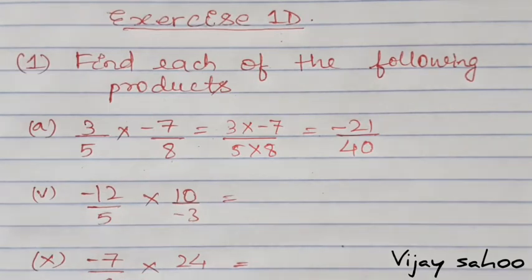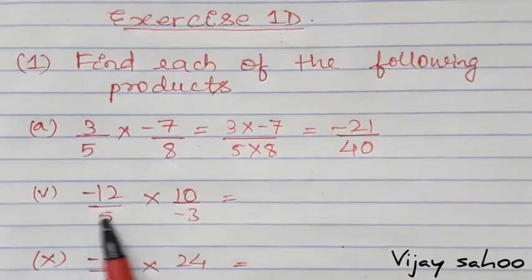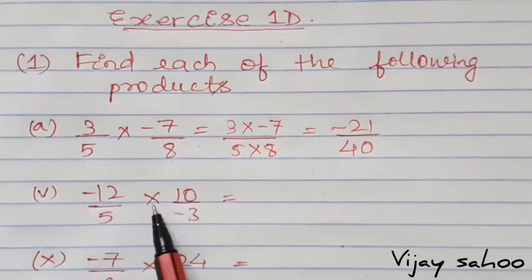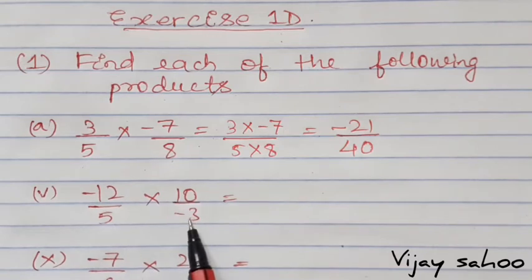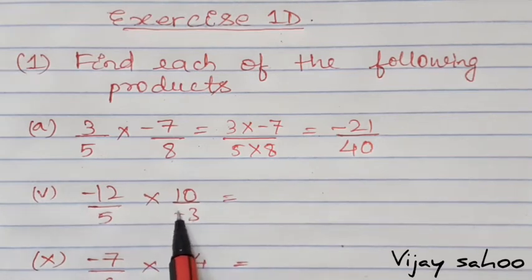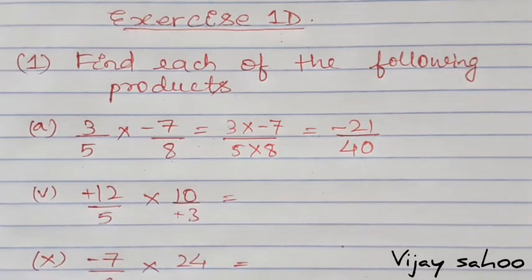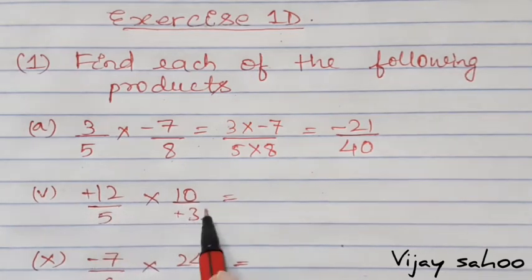Okay. Now, the next part of the first one, minus 12 by 5 into 10 by minus 3. So what we'll do, if cancellation is possible, we'll do that. So you can see that minus and minus, that is plus. 3 fours are 12.